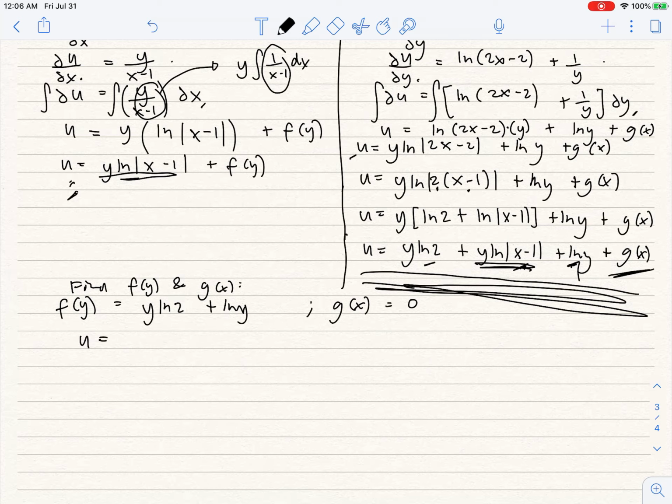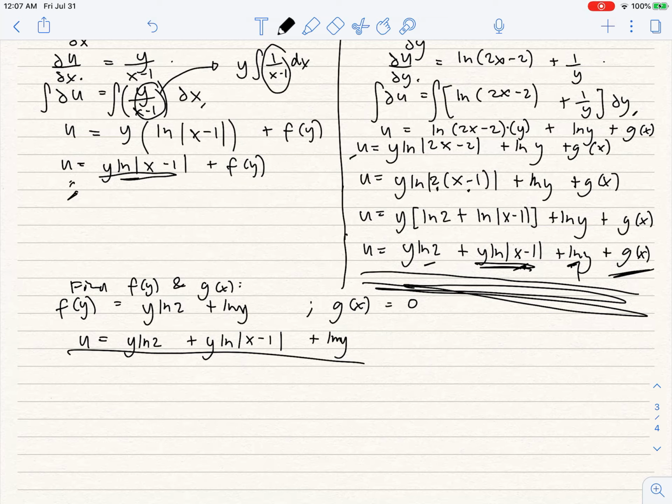So u is equal to y ln 2 plus y ln of x minus 1 plus ln of y plus g of x, which is 0, so it is gone. Therefore, this is now the value of our u without the unknown arbitrary constants.